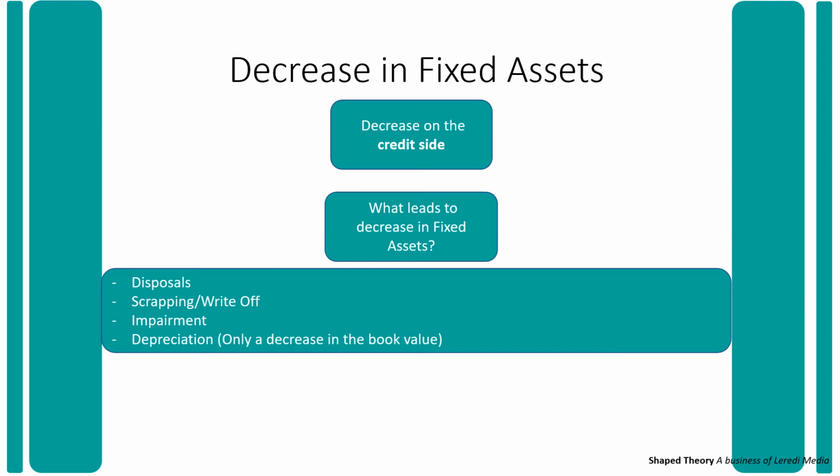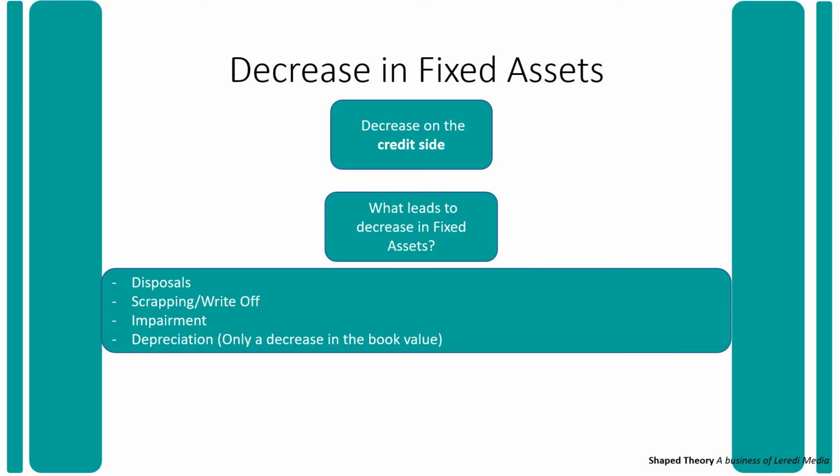But depreciation decreases the fixed asset value indirectly, because with depreciation we debit depreciation in the income statement, and in the balance sheet we credit the accumulated depreciation. In that regard, it's an indirect decrease in our fixed assets value, because we would have a book value which is less than the fixed asset value.